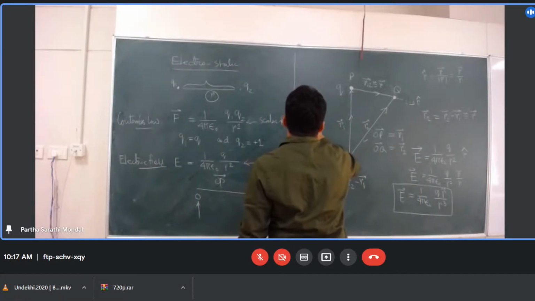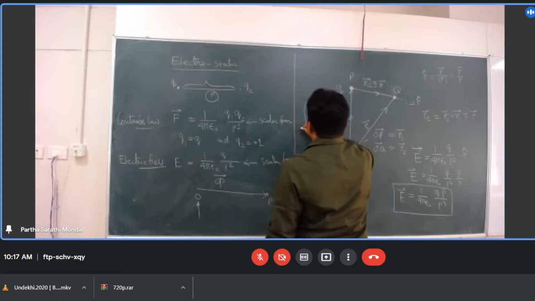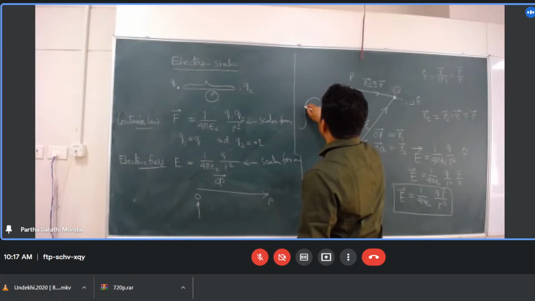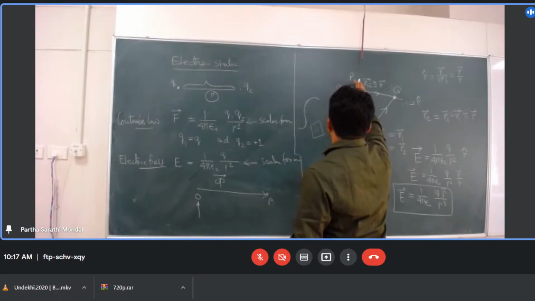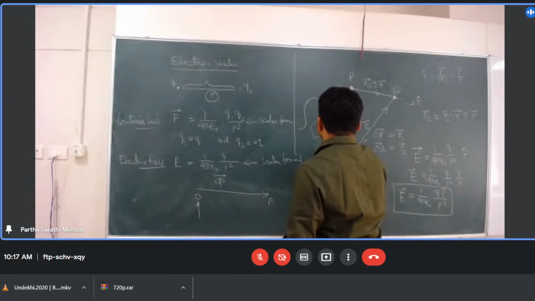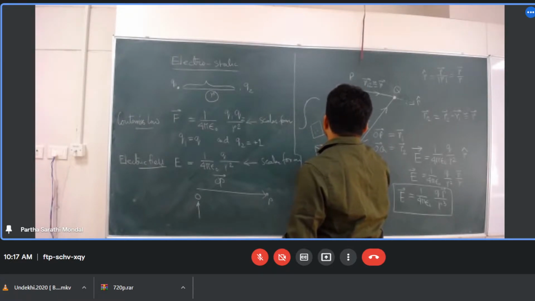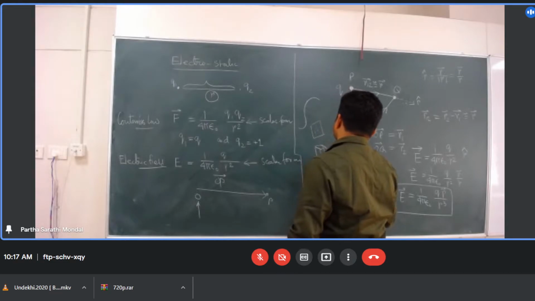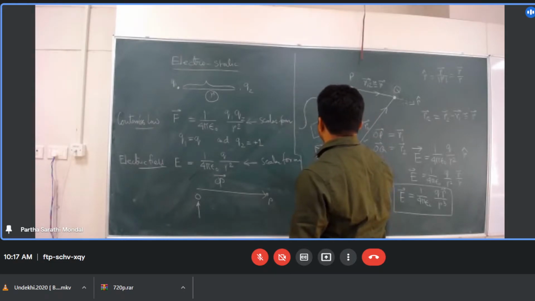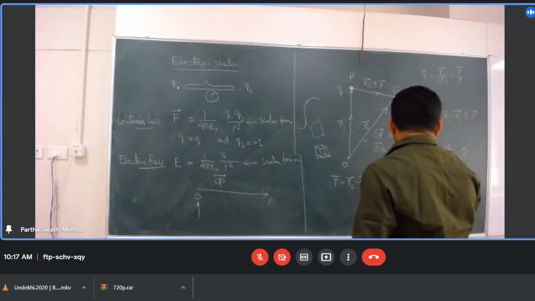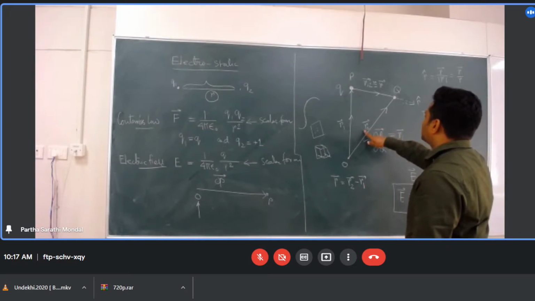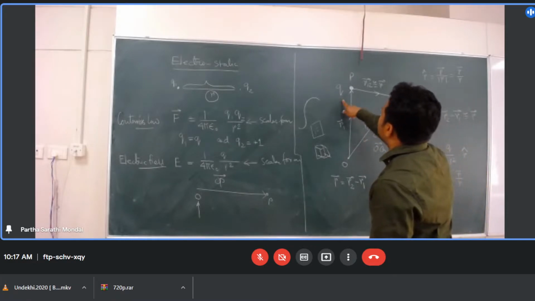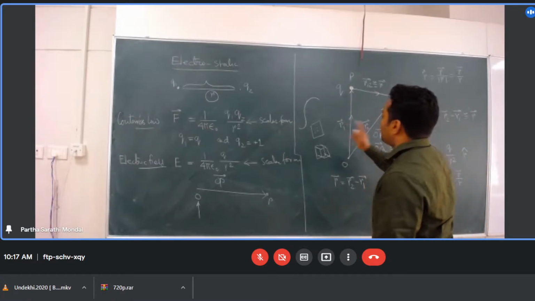It could be linear charge distribution like this. एक वायर है जिसके ऊपर चार्ज डिस्ट्रीब्यूटेड है. एक सरफेस रख सकते हैं आप यहाँ पे, in which you have charge distributed, and you can put a volume here instead of point charge. So now this is actually the electric field at the point R2 due to the point charge situated at R1.